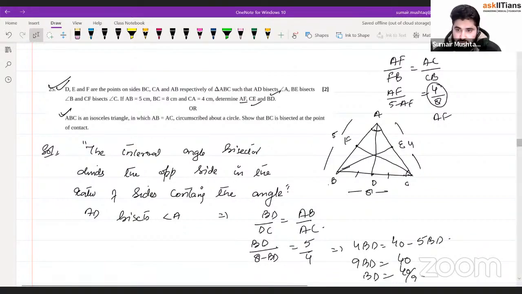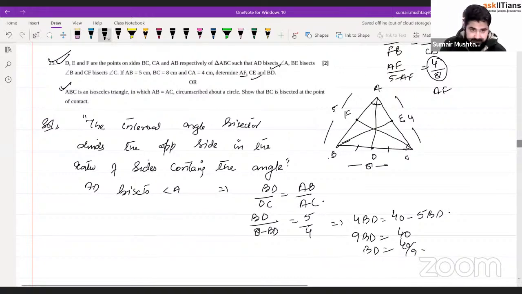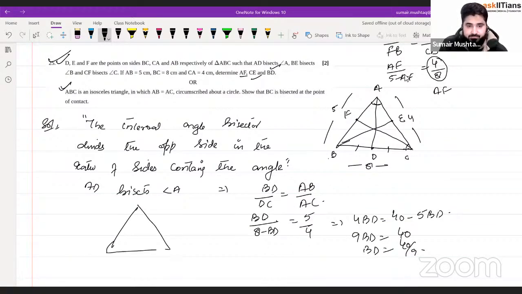First of all, I will show what is in question number 2, what is given there. See, it is saying that ABC is an isosceles triangle. Let us suppose this is an isosceles triangle ABC.